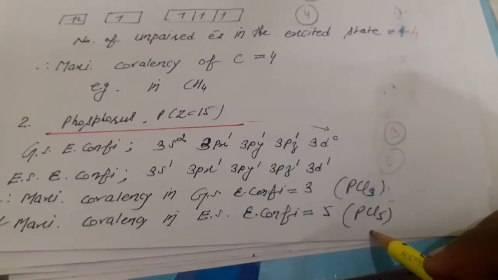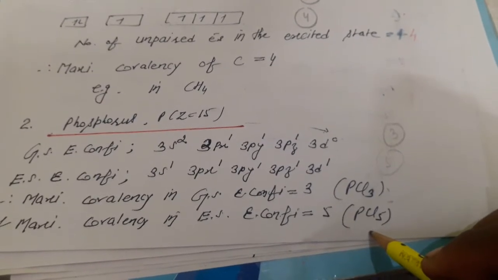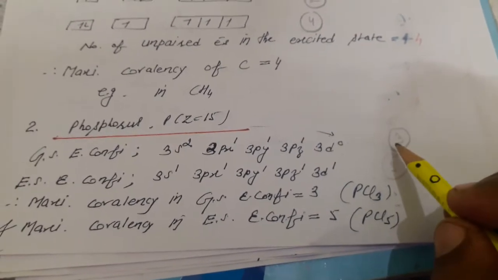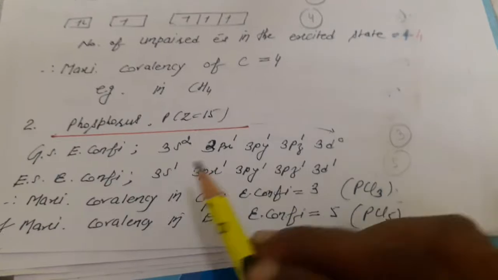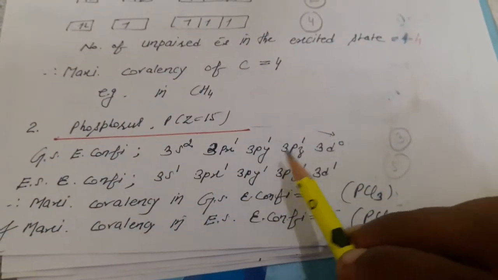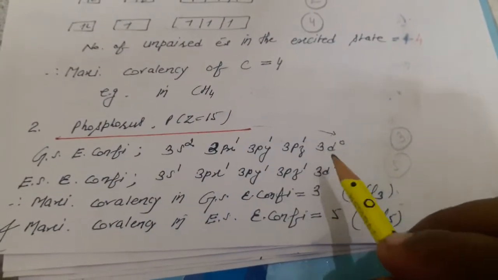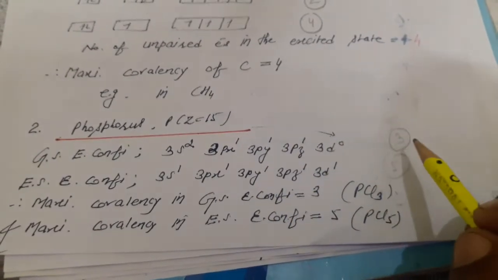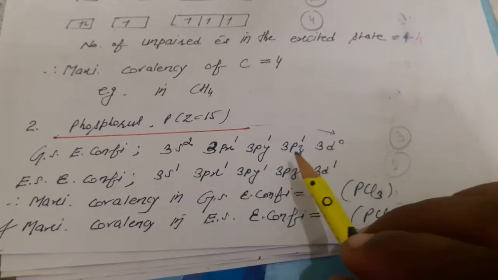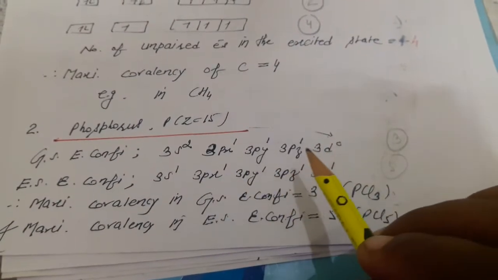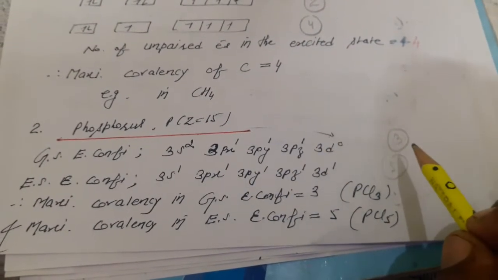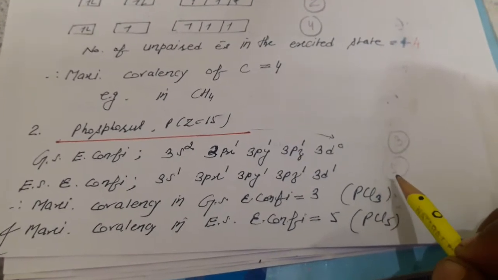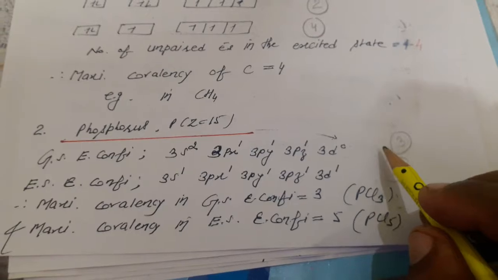Now one more concept I want to tell you. The covalency may be plus 3 or minus 3, depending on the element with which the unpaired valence electrons are being shared. If it is sharing with a more electronegative element, then it acquires a positive value, and if it shares electrons with a more electropositive or less electronegative element, it acquires a negative value. So it can be plus 3 and minus 3.